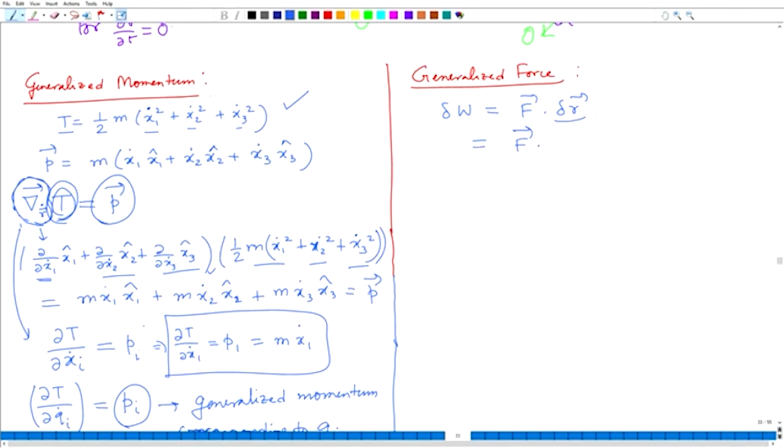This is given by summation over del R/del Qj delta Qj, there is no delta t, and j goes from 1 to small n, where n is the number of total generalized coordinates.